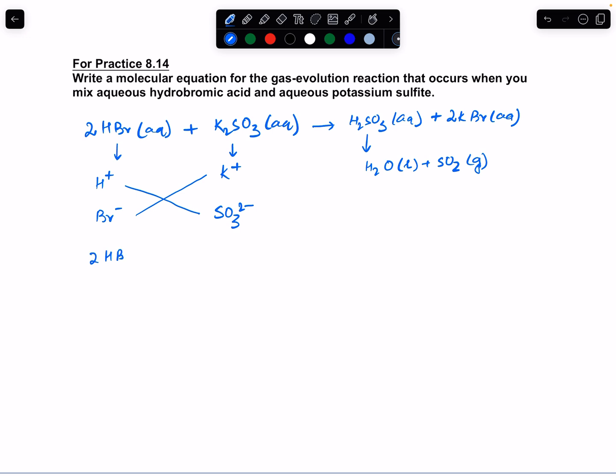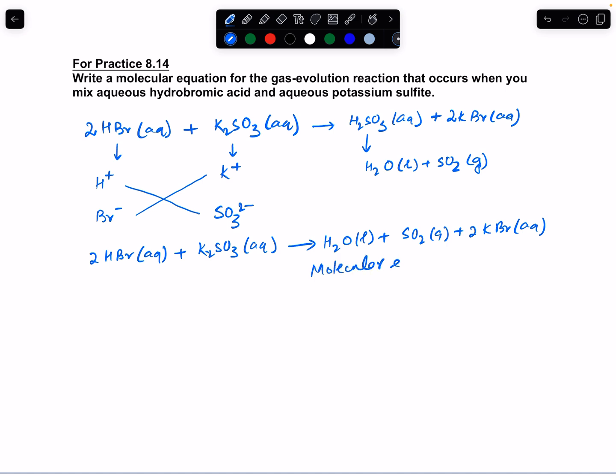So 2HBr plus K2SO3 gives us H2O liquid plus SO2 gas plus 2KBr aqueous. And that is your molecular equation. All right, I hope that made sense. Let's take a look at another problem.